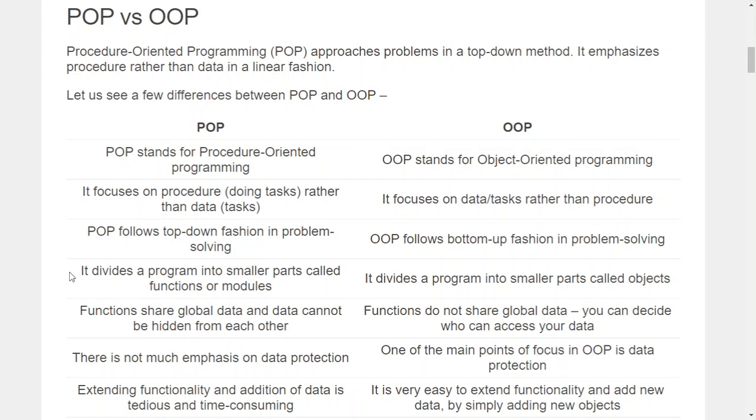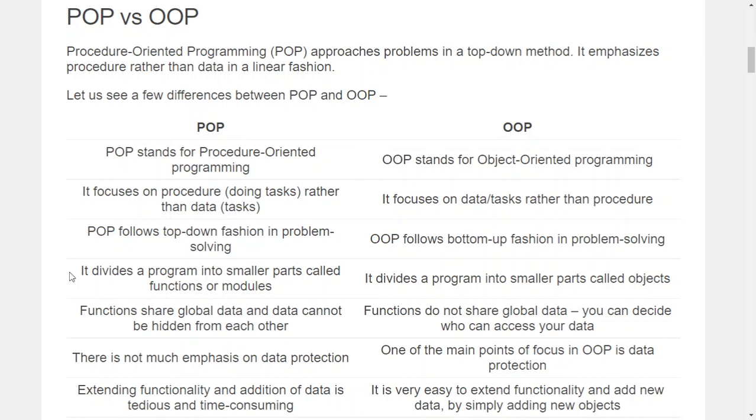So first let's discuss POP. POP follows a top to bottom approach, whereas object oriented follows a bottom up fashion in problem solving. Procedure oriented programming divides a program into smaller parts called function or module, and object oriented programming divides a program into smaller parts called object.